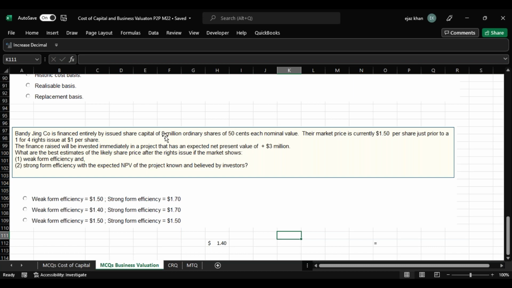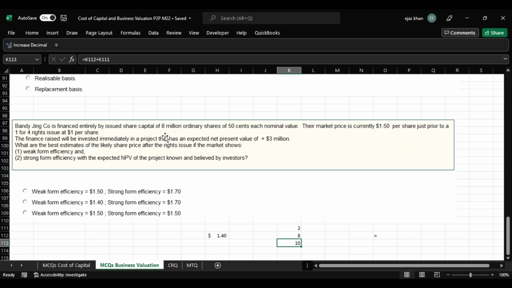So new shares will be equal to 1 for 4 right issue, right? So it will be 8 million into 1 divided by 4. So the new shares will be 2 million. The existing shares are 8 million. The total shares will now be 10 million.